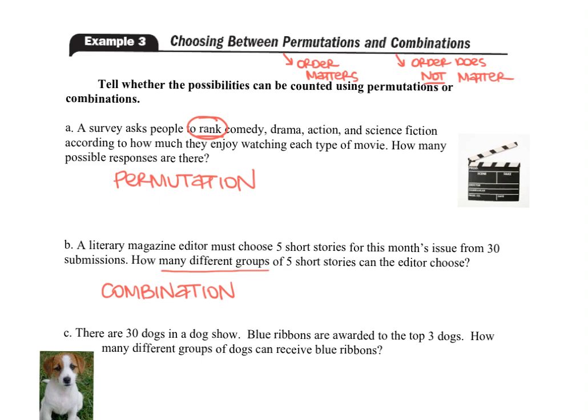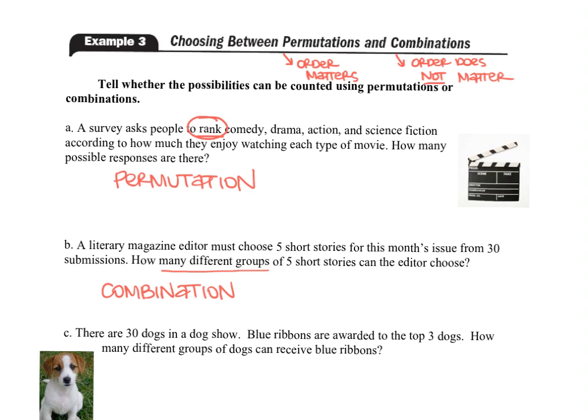He's not putting them in any sort of order. He's just making groups of 5 stories from the 30. So it doesn't matter if he says his group is story 1, 2, 3, 4, 5, or if he says his group is stories 5, 4, 3, 2, 1. That's still the same group of stories. So the order does not matter, and so this is a combination.